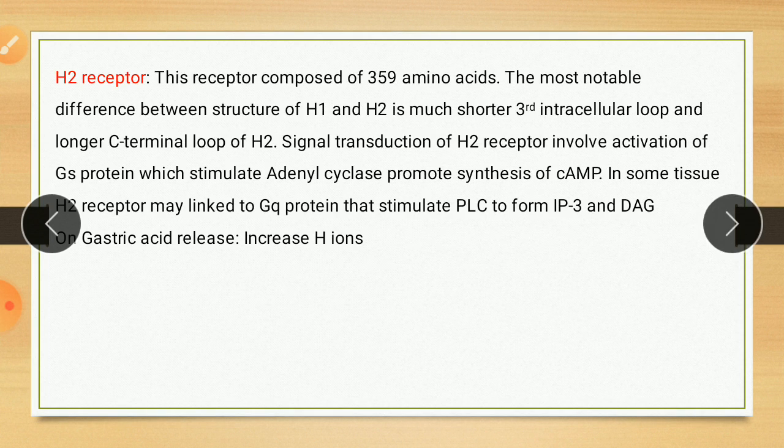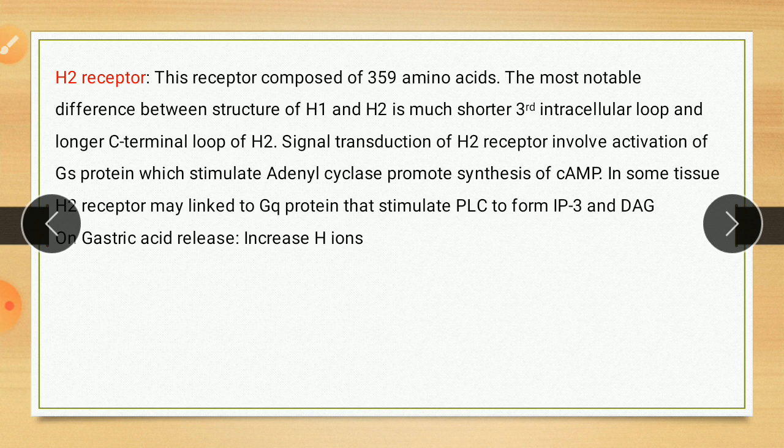Then the second receptor is the H2 receptor. This receptor is composed of 359 amino acids. The most notable difference between the structure of H1 and H2 is the much shorter third intracellular loop and longer C-terminal loop of the H2 receptor.